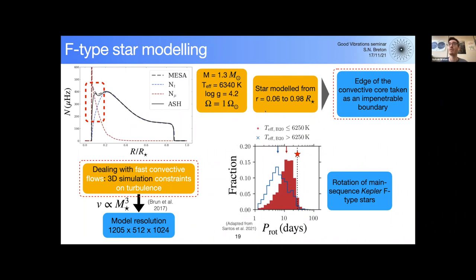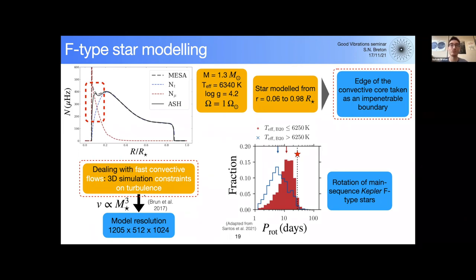So the choice was made to simulate the model from the top of the convective core to 98% of the stellar radius, with the edge of the convective core taken as an impenetrable boundary. We have also to keep in mind that the convective flows in these stars, as the star is hotter, will be faster.